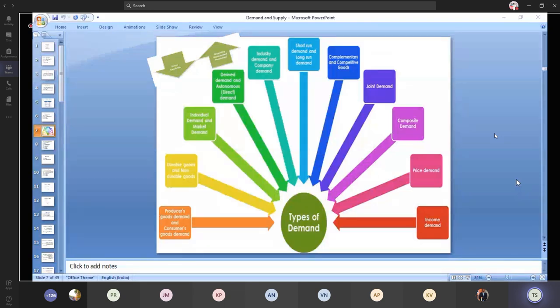Ma'am, can you repeat, ma'am? Okay. Jointly demanded products are those where we cannot buy a single product. We have to buy the other product too, which is like the derived demand. Is it clear? We have to buy those two products together. We can't buy either the first product or the second one alone. We have to buy those two jointly.